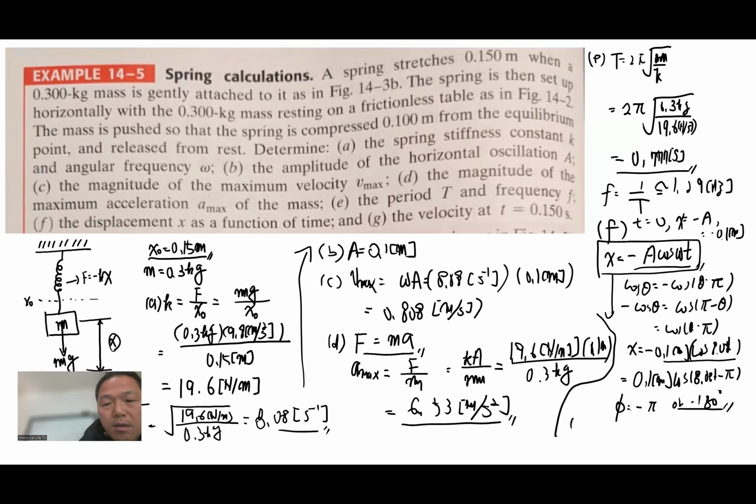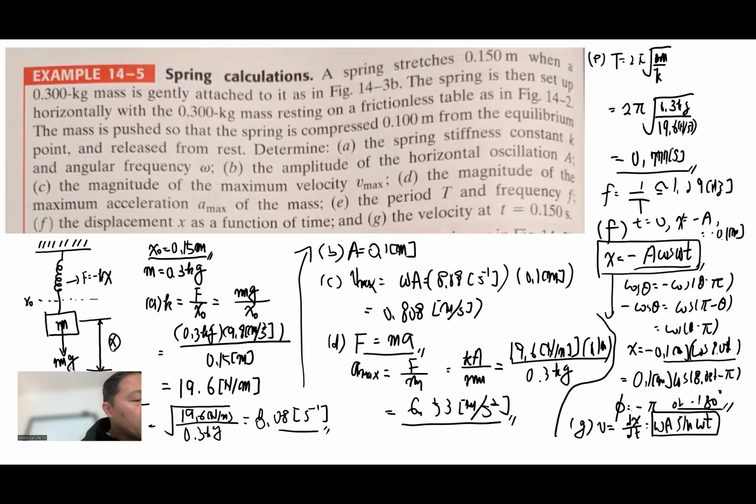Question G, we have to estimate the velocity at 0.15 second. All you need to do is plug that time into the velocity function out of the displacement equation. V is the first derivative of displacement in time, so that is omega A sine omega t.